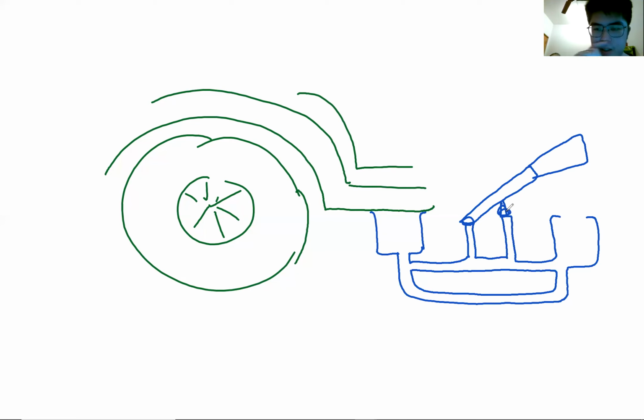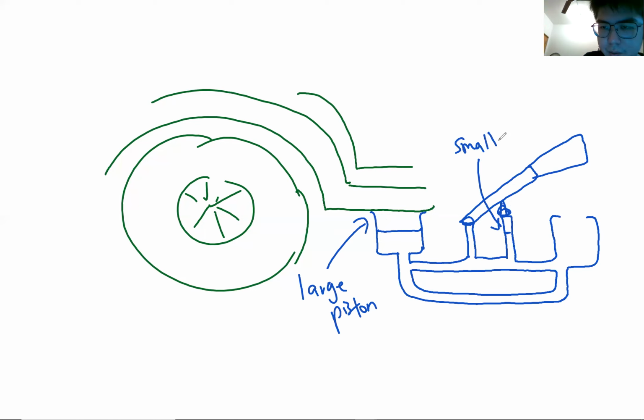This shows the internal structure of the hydraulic jack. Here you have a piston, and here also you have a piston. This is the large piston, and here is the smaller piston, attached right under the handle. This shows your car tire and the bottom part of your car. The hydraulic fluid is here, let's put it in green.